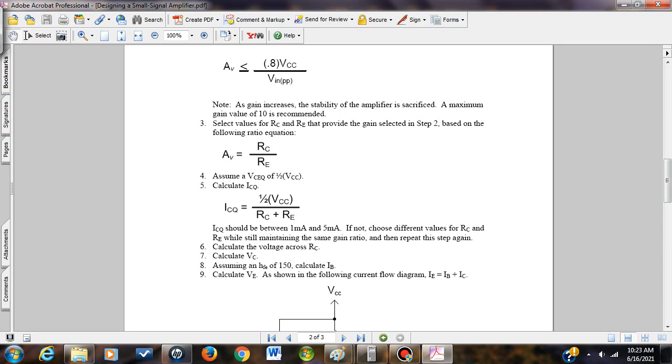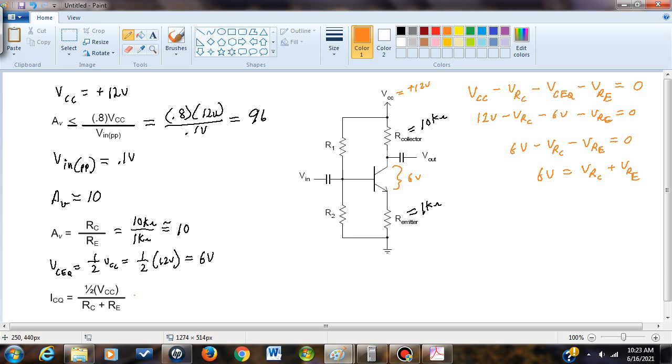So let's go ahead and solve for ICQ. Our ICQ will be equal to 1/2 of VCC, since VCC is 12 volts, 1/2 of 12 volts is 6 volts, divided by RC plus RE. Well, that's going to be 10k ohm plus 1k ohm, which comes out to 6 volts divided by 11 kilo ohms.